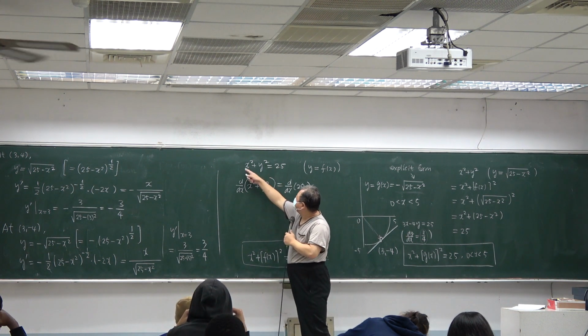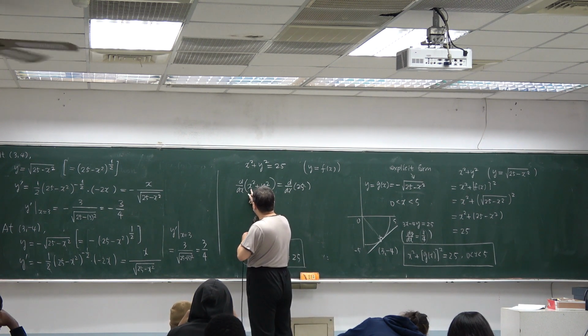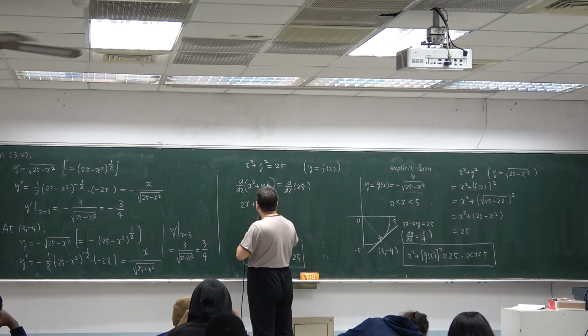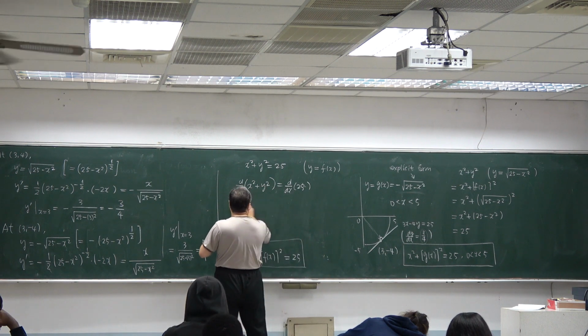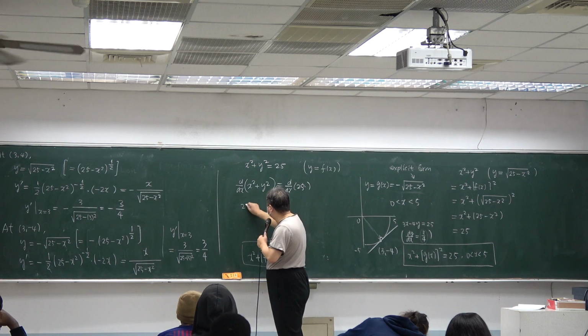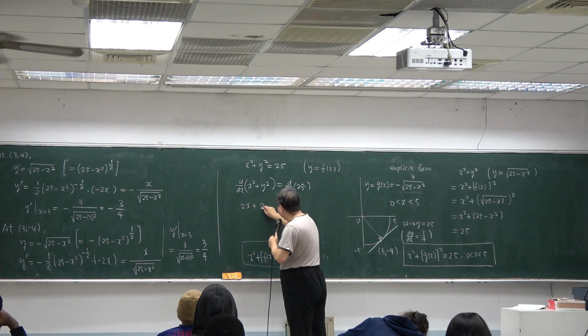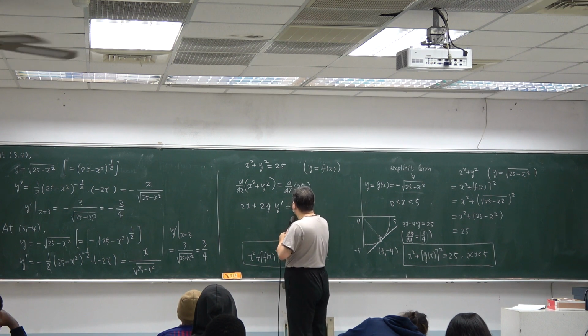So the rate of change of the constant equals 0. Here, differentiate x squared with respect to x. This is 2x. But here you have to treat y as a function of x. So 2y, y prime.